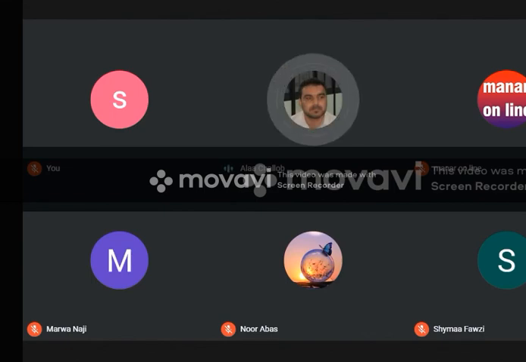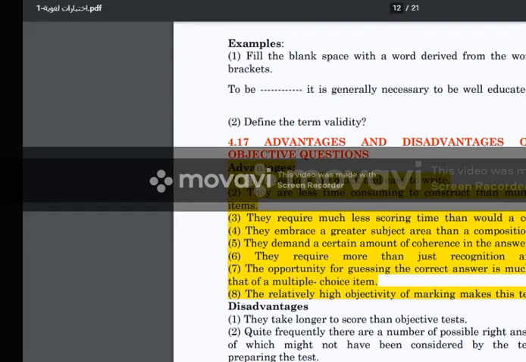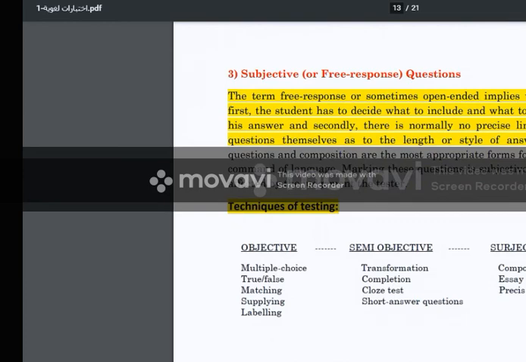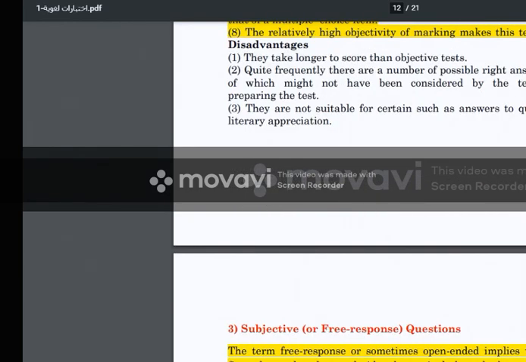This is one example. Number two, I ask you to define validity, for example. So defining validity doesn't mean that you need to produce a paragraph or one page.